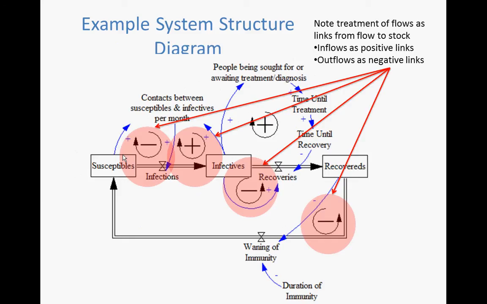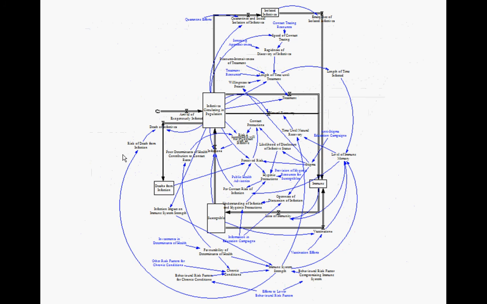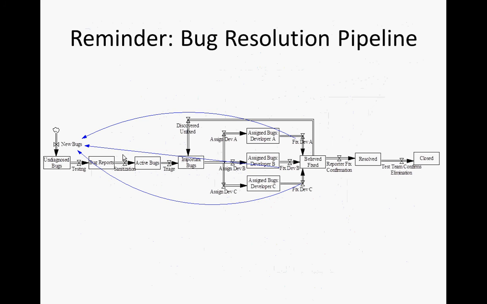Okay. So we're going to go through this. Let's talk about just some stocks and flows associated with software development. I actually showed these slides in 371 a couple lectures ago. This is sort of a bug resolution pipeline in software development: undiagnosed bugs, bug reports, active bugs, important bugs, bugs assigned to different developers, bugs believed fixed, feedback for certain things that may be discovered to be unfixed, resolved, and closed.